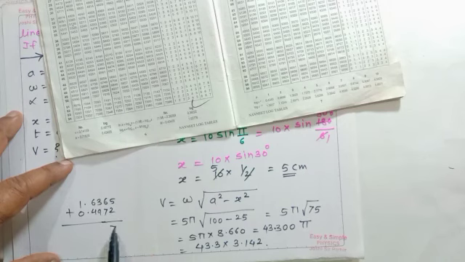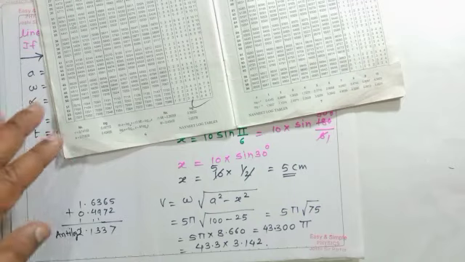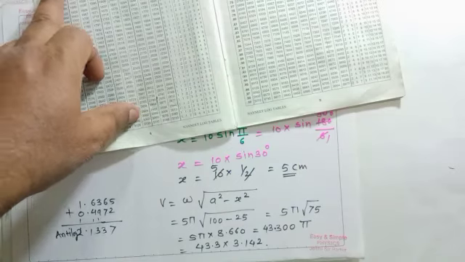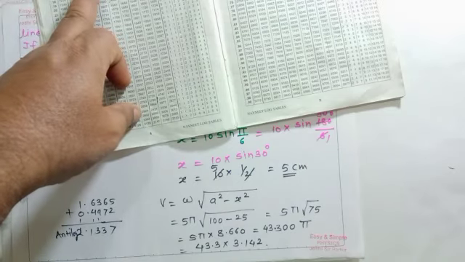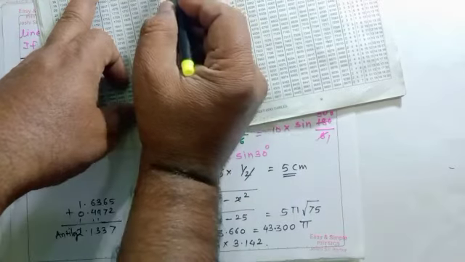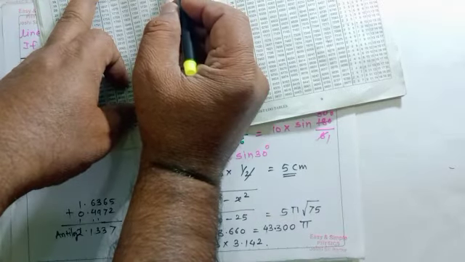It will be 7, 13, 13, 11 and 2. So take its antilog. Antilog of 0.13 in 3 and 7 in mean difference. 0.13 in 3 will be 1358 and in 7, 2 is mean difference.